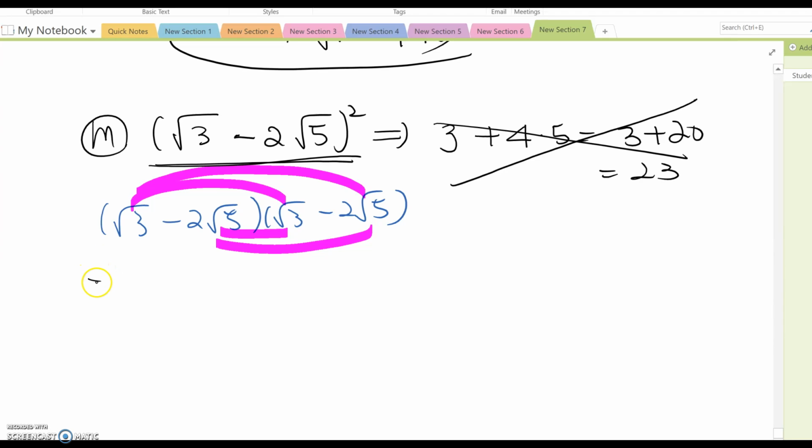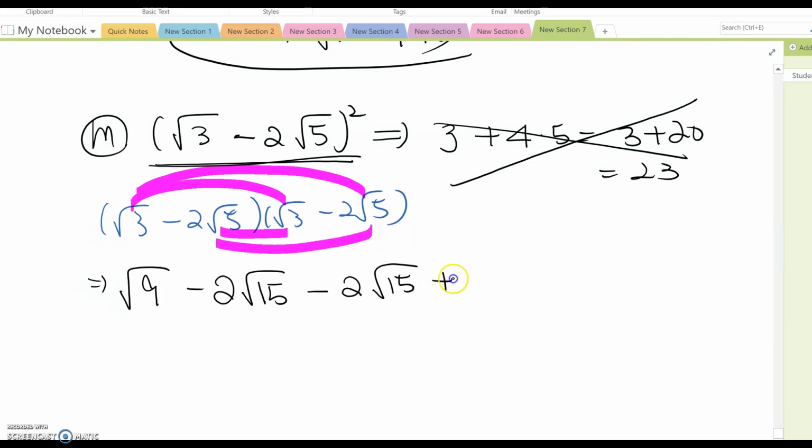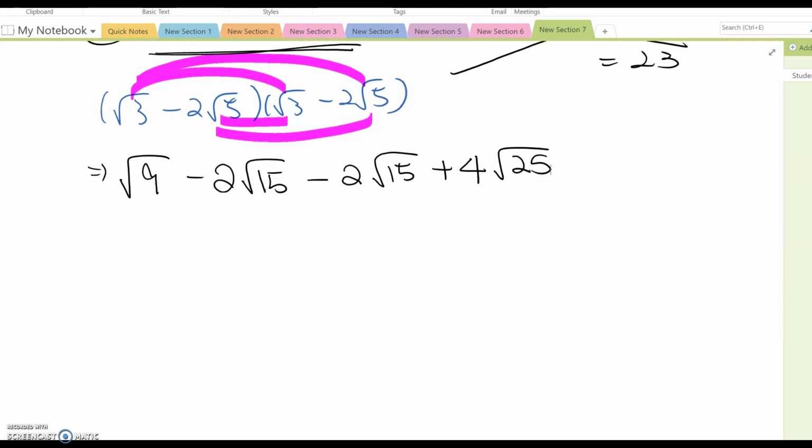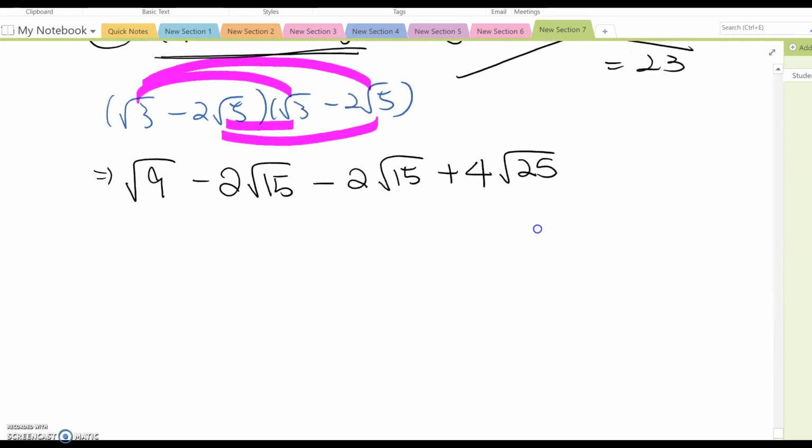So it becomes square root 9 minus 2 root 15 minus 2 root 15 plus 4 root 25. So you may notice that I just multiply between rational numbers, and also between the radical numbers only.